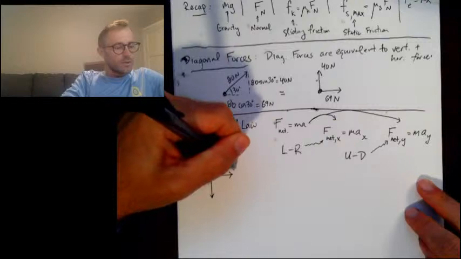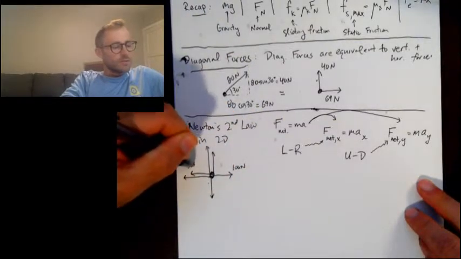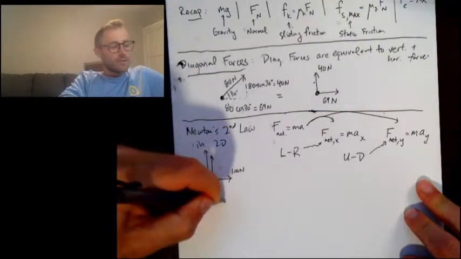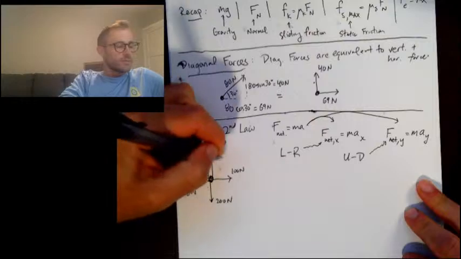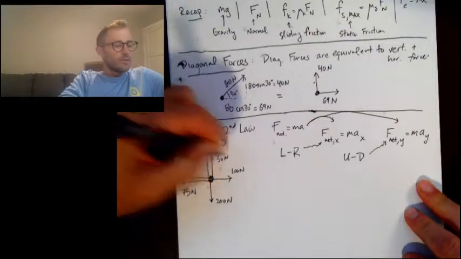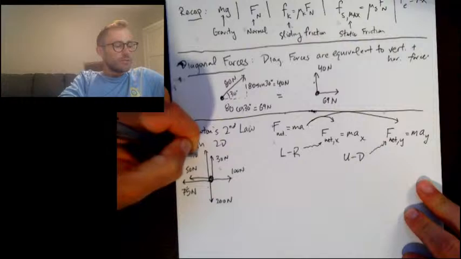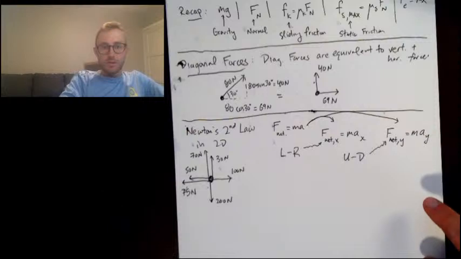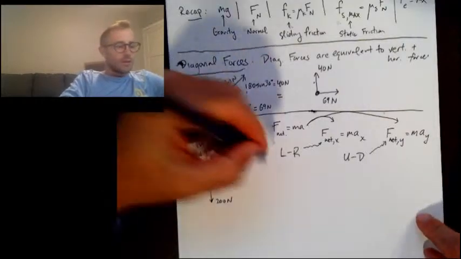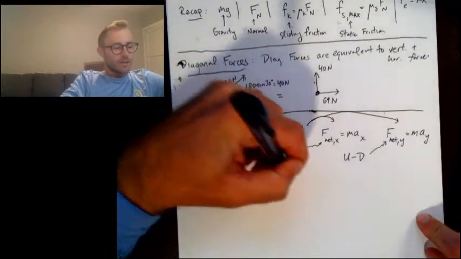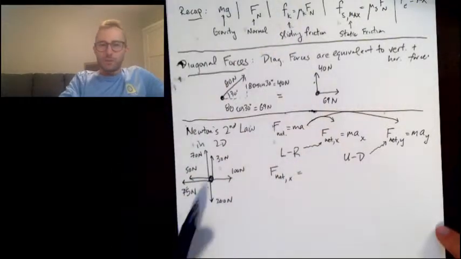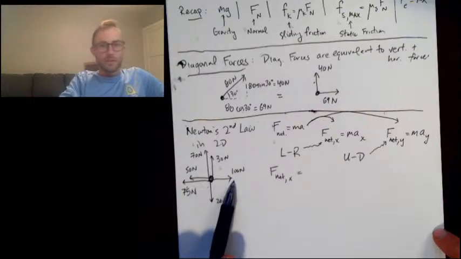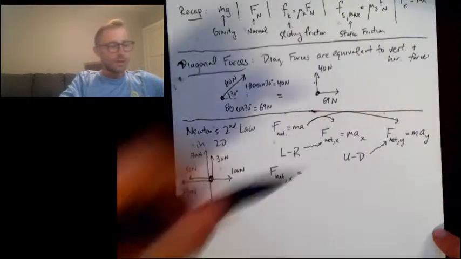So maybe this is 100 newtons, this is 50 newtons, this is 75 newtons, this is 200 newtons, this is 30 newtons, and this is 70 newtons. So if this is a picture of the forces that are acting on the object, then we would say that the net force in the x direction is the left forces minus the right forces. So the net force in the x direction is 100 minus 50 minus 25.